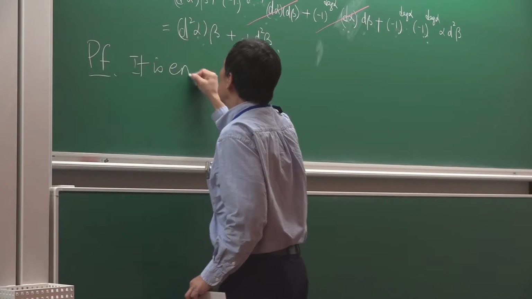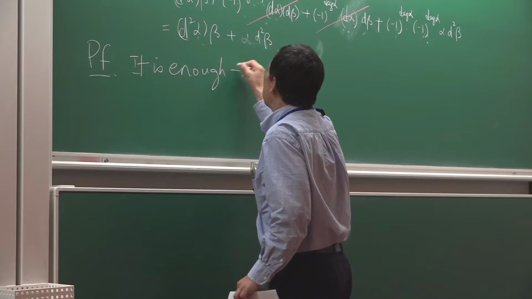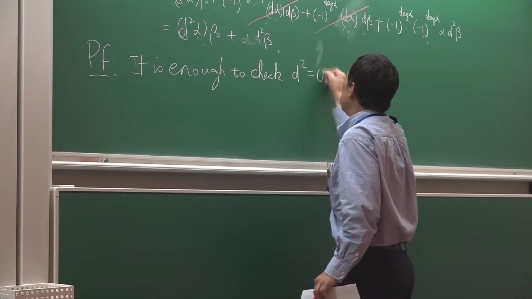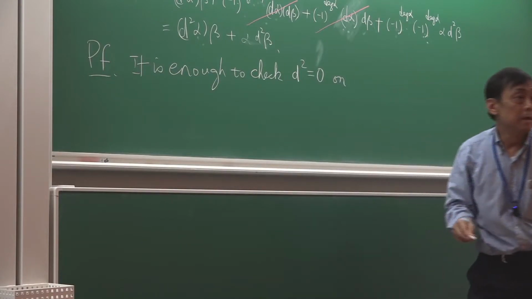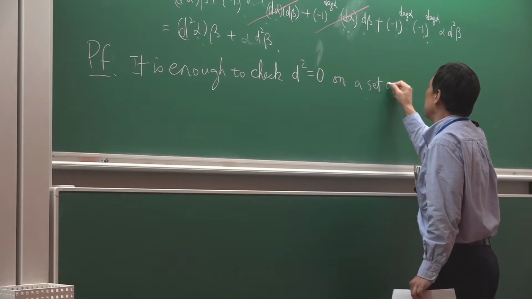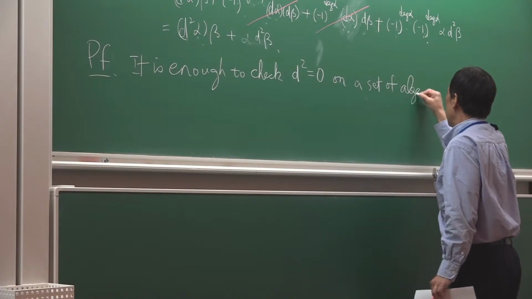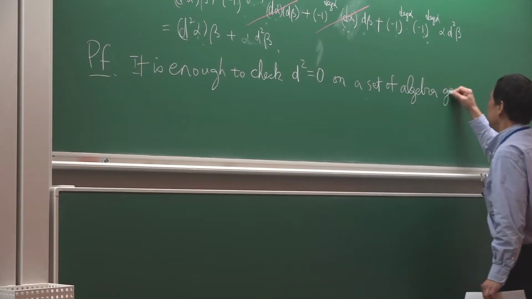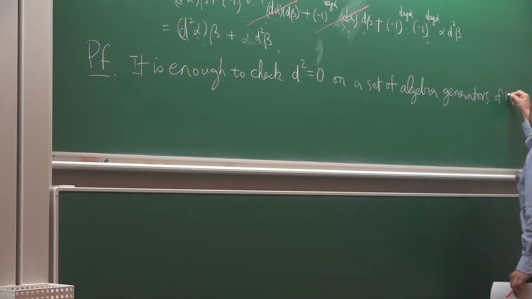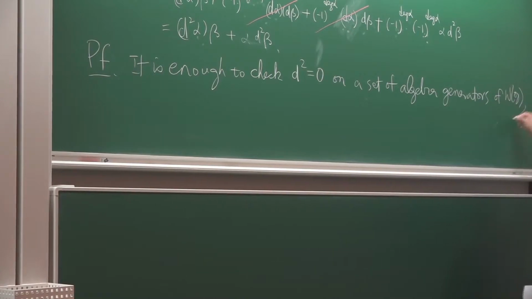It is enough to check that d squared is 0 on a set of algebra generators of the Weil algebra. Okay?